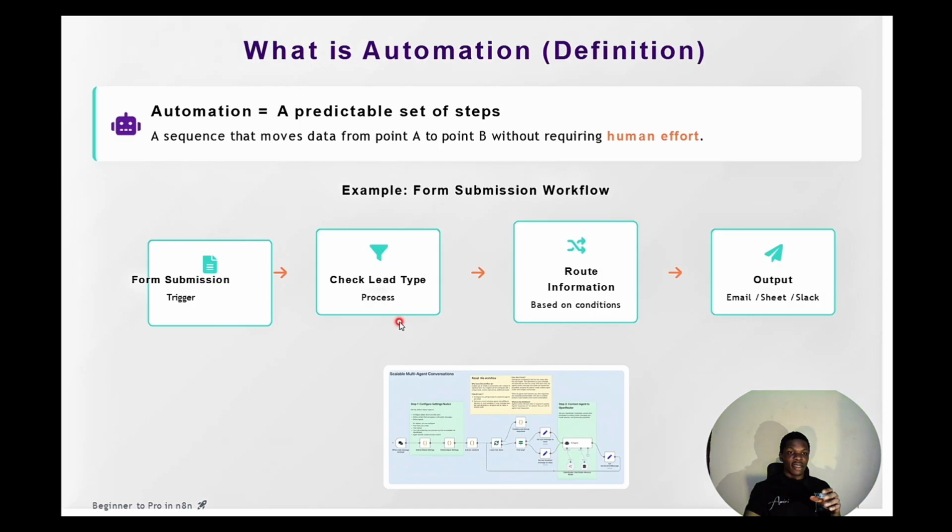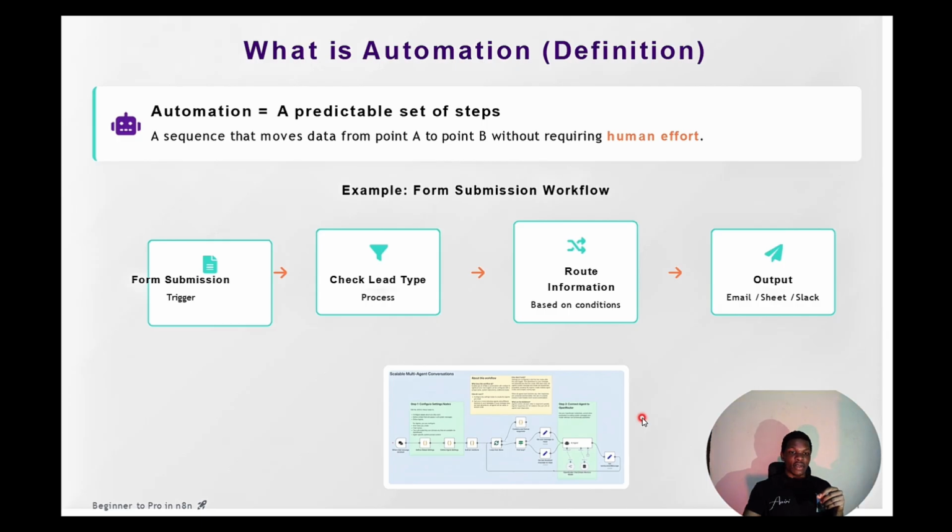The lead type or anything you say there is processed, and after that the information is routed based on conditions. Then an email is sent out, or the details of the person that filled the form are saved in Google Sheets, or your sales team could be alerted on Slack.